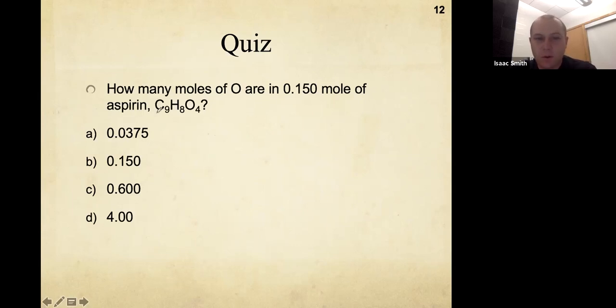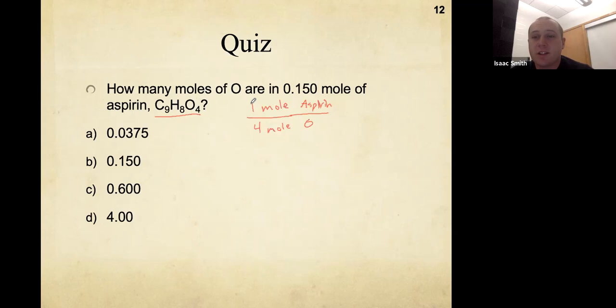From what we learned before, if this is 1 molecule of aspirin, that's the formula. So for every 1 molecule, or we could say every 1 mole of aspirin, we have 4 moles of oxygen, because there's 4 oxygens in each.